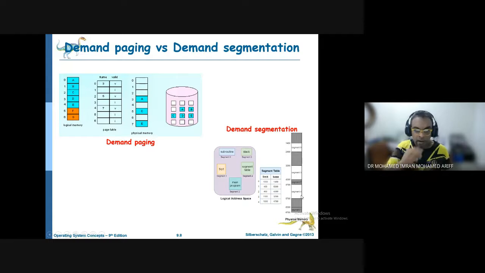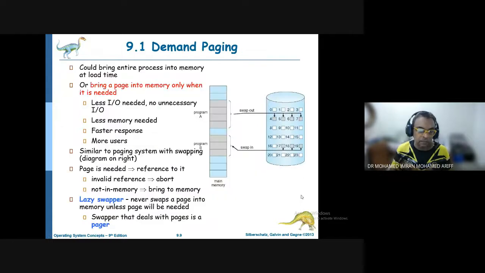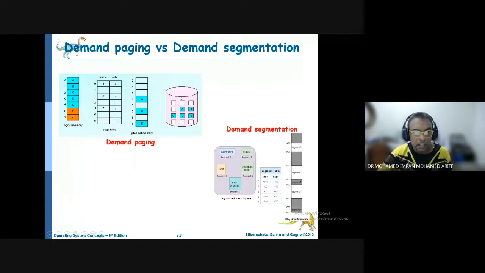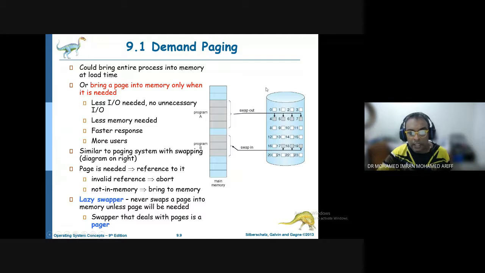So this is demand paging and demand segmentation. All right. In demand paging, if the files are not inside the main memory or the physical memory, it is swapped out. That means whatever files are here which need to be swapped out, put them back inside the backing store and bring new files here.